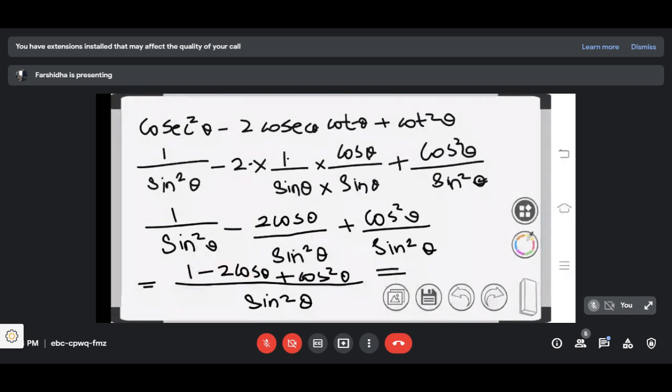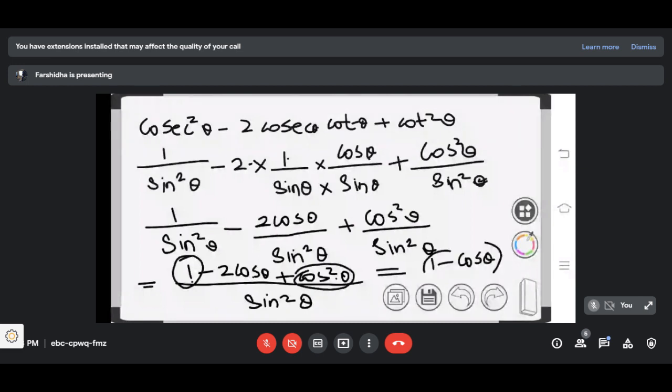What is b? Cos theta. B square is cos square theta. So you can write (1 minus cos theta) whole square.